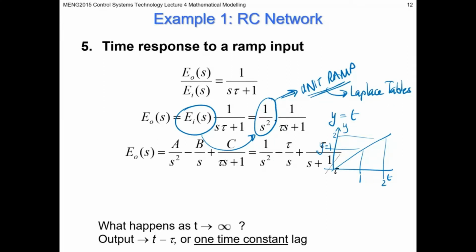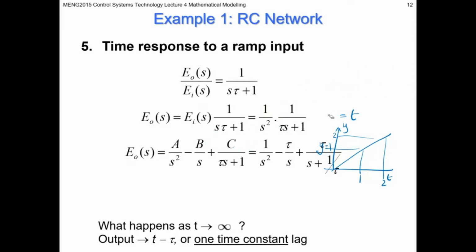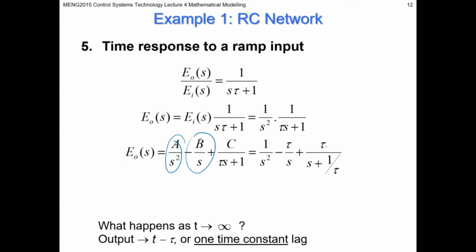And now, because you've got the s squared term, it makes it more complex, and you're going to have to do a repeated root when you take your Laplace partial fraction. So here's the repeated root. When you do that, the second root is subtracted. So a over s squared minus b upon s plus c upon tau s plus 1.